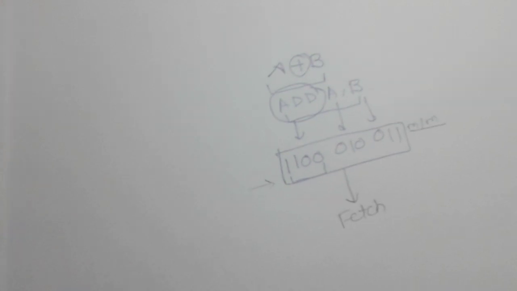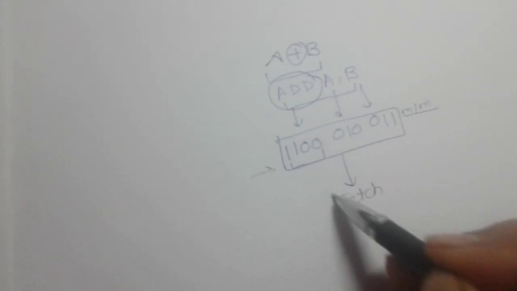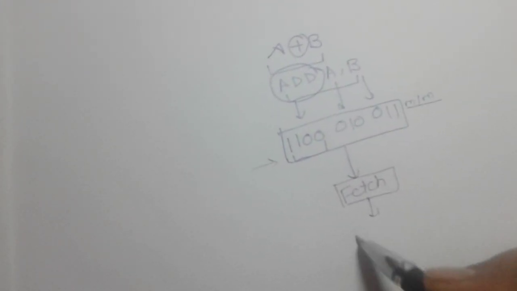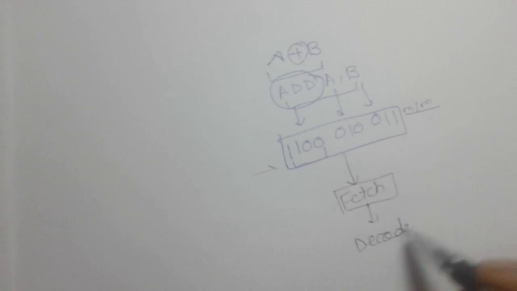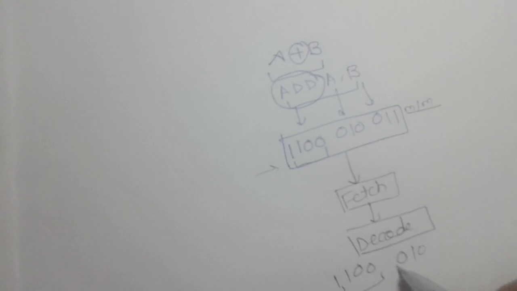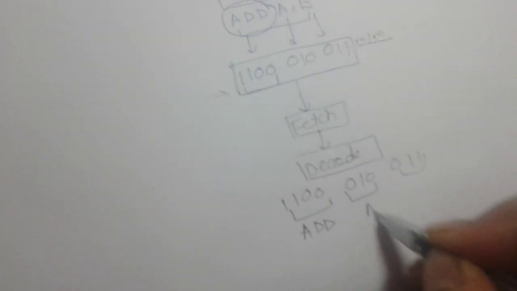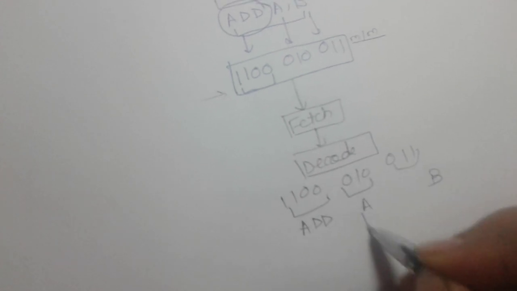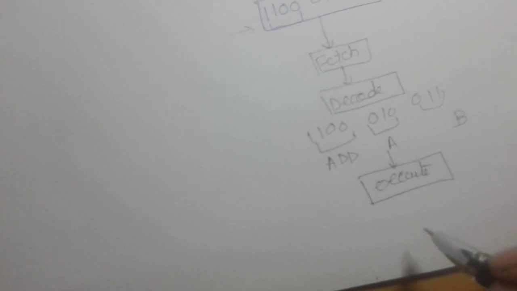This instruction will be stored in memory. Then our computer will decode this instruction by dividing this into different parts: this means add, this means A, this means B. Then our computer will execute it with the help of CPU, ALU, control unit and registers.